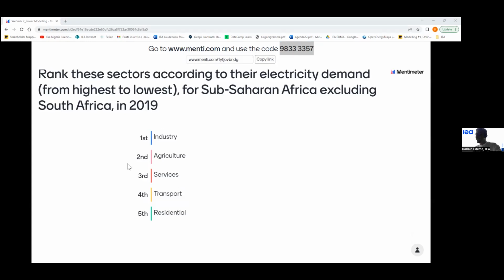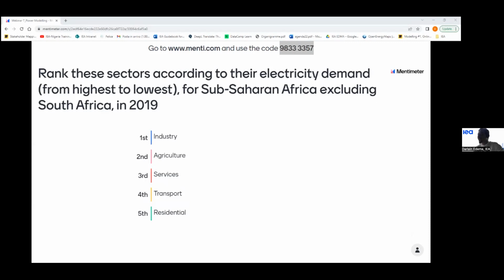I will start by reading the question. So the first question is, rank these sectors according to their electricity demand, from highest to lowest, for Sub-Saharan Africa, excluding South Africa, in 2019. So just to contextualize, we are talking about just Sub-Saharan Africa. We are excluding South Africa, not for any specific political reason, but just because South Africa is really an outlier when talking about the power sector with respect to the rest of the region.